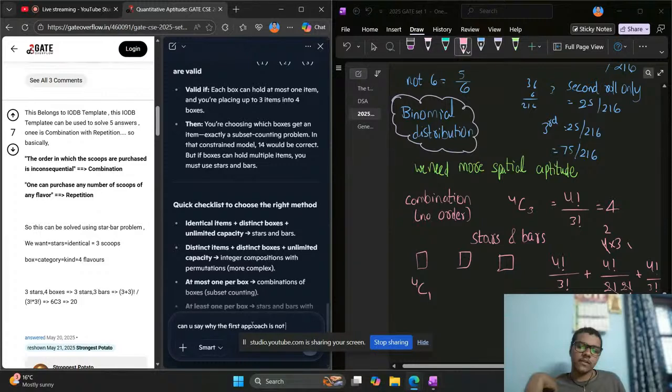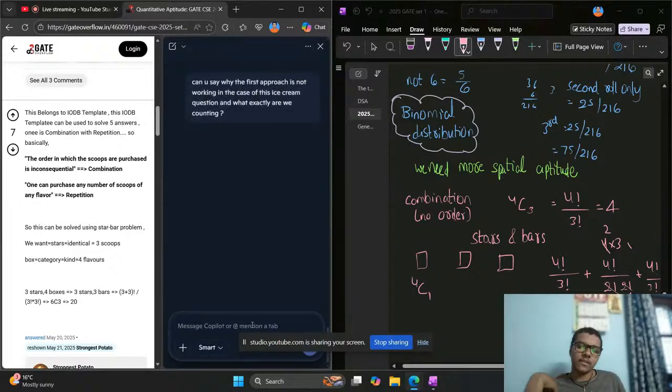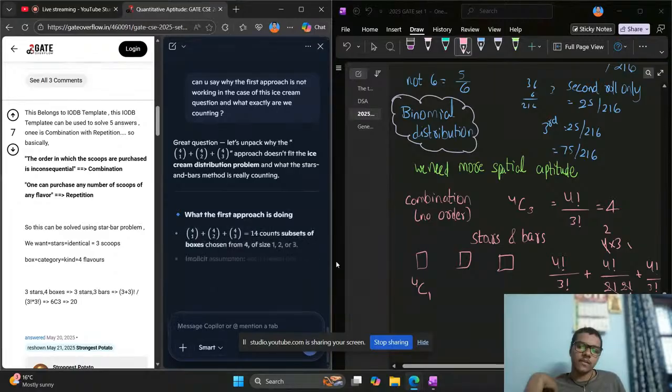It is not working in the case of the ice cream question. And what exactly are we counting? Ice cream distribution, okay. Count subsets of boxes chosen from 4.